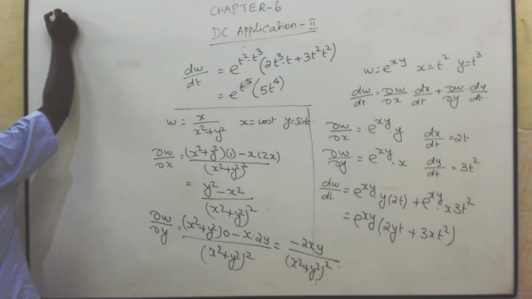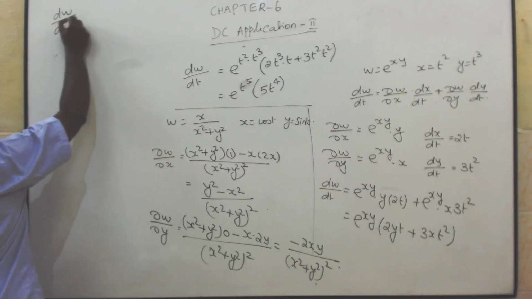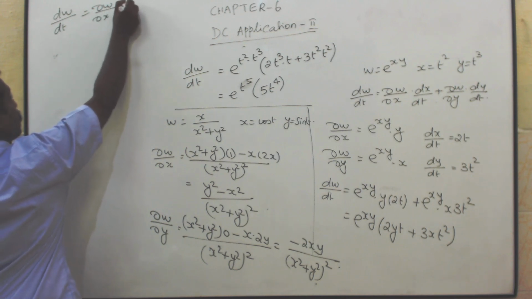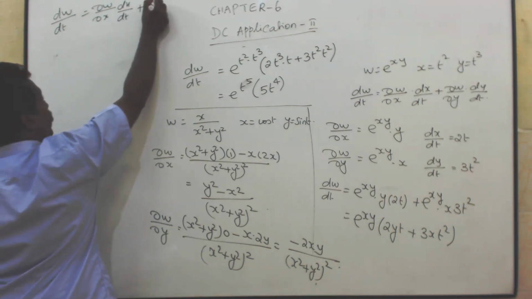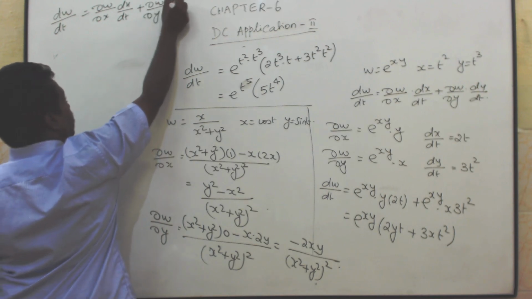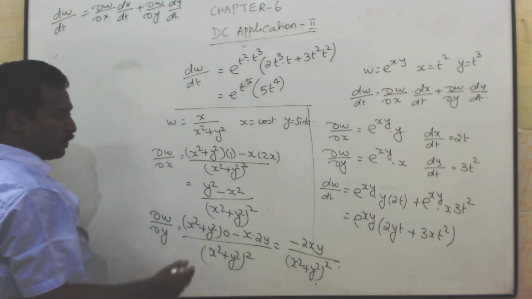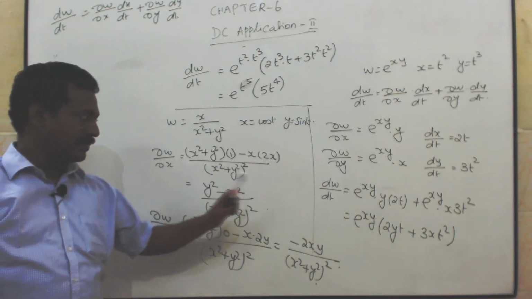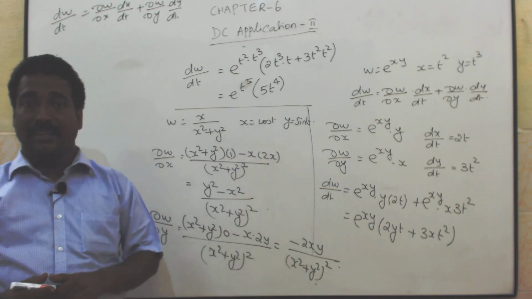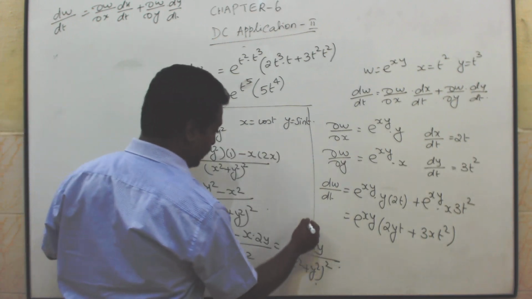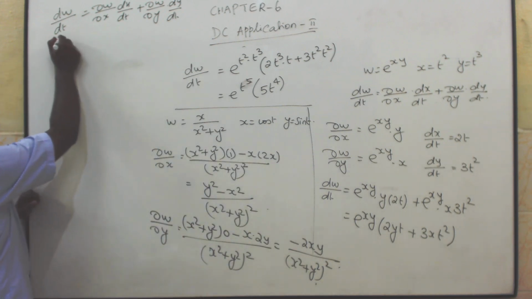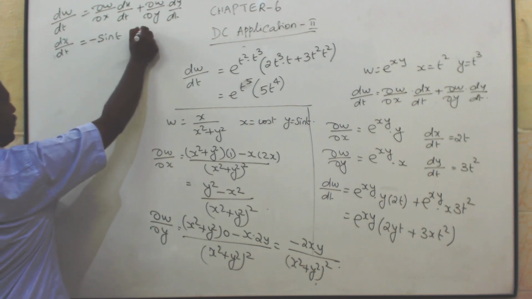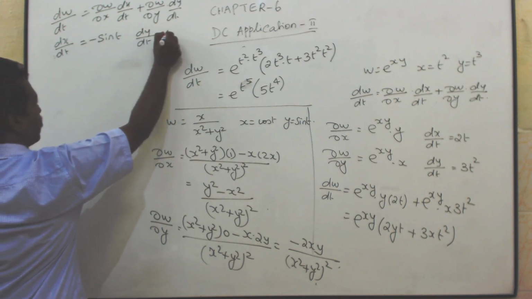Now, using the formula dw by dt is equal to dou w by dou x into dx by dt plus dou w by dou y into dy by dt. Parallelly, you have to calculate dx by dt and dy by dt. Dx by dt value is cos t differentiation is minus sin t. Dy by dt, sin t differentiation is cos t.